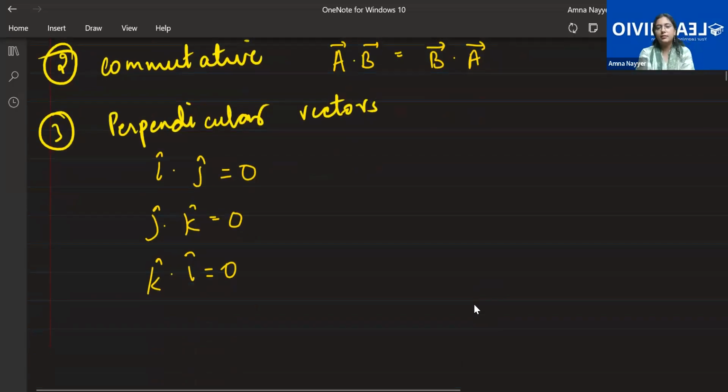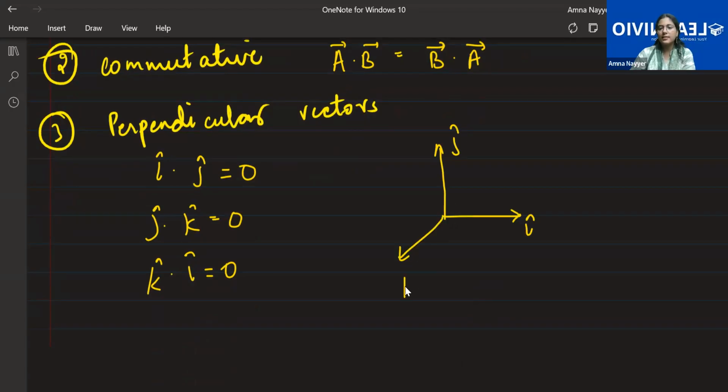Then perpendicular vectors. See, the vector along the x axis is i cap, the vector along the y axis is j cap, and the vector along the z axis is k cap. If you take any two of these vectors, perpendicular to each other, i dot j, i dot k, j dot k, all of them will always have an angle of 90 degrees.